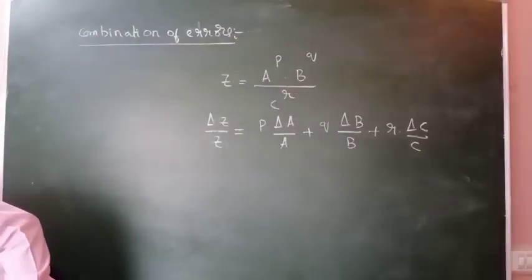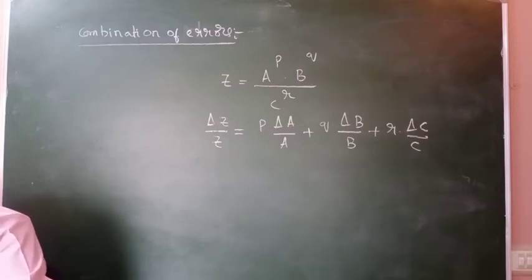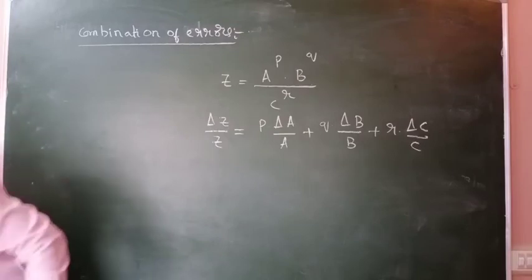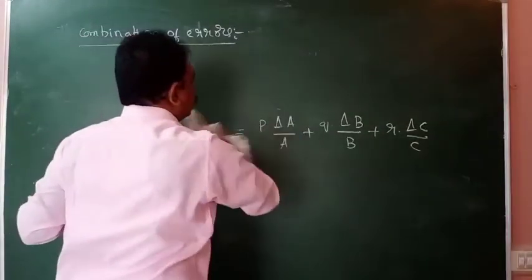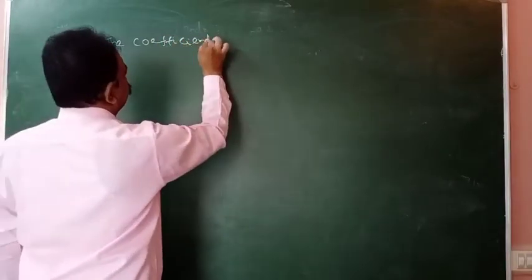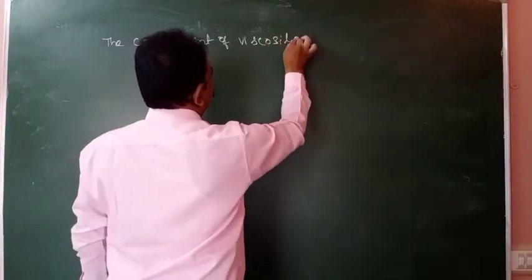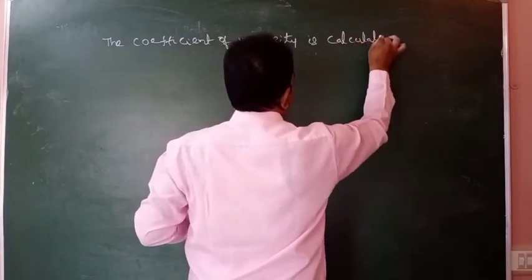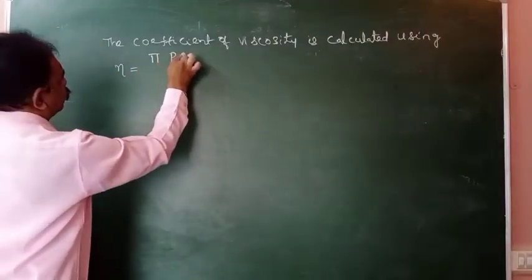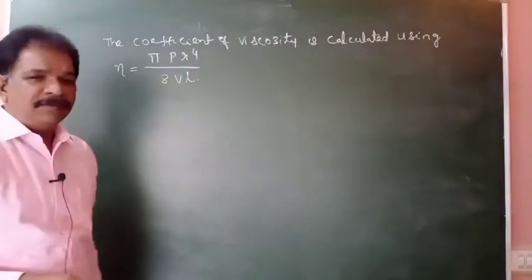We will take one example on this, so you will get an idea about this. The coefficient of viscosity is calculated using eta is equal to pi PR power 4 by 8 VL.